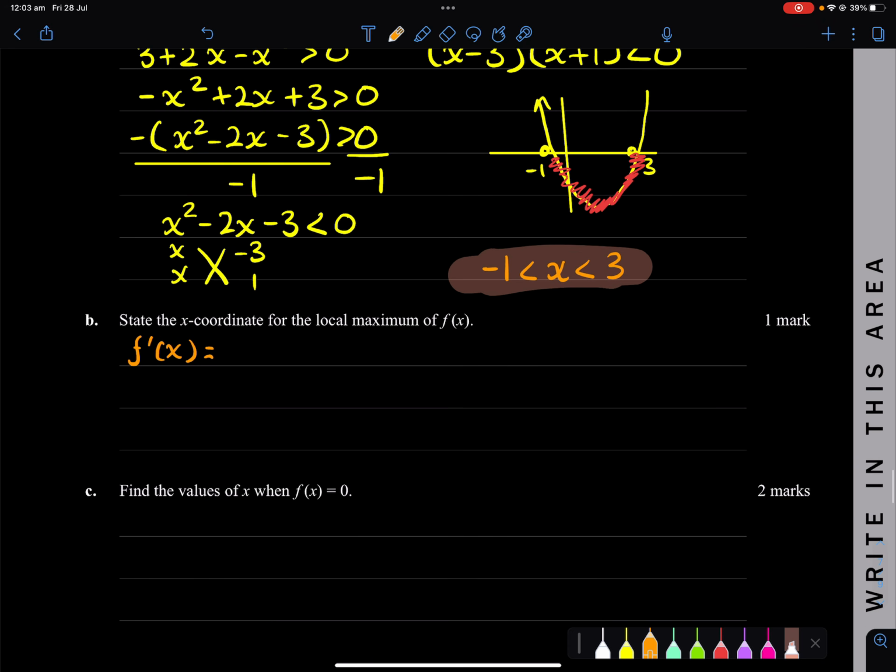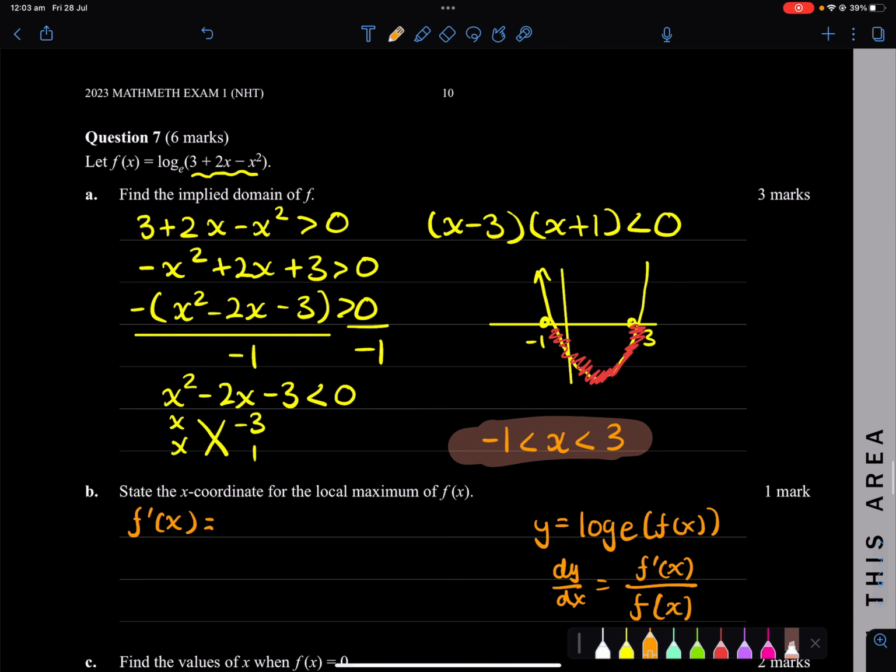Okay, we know that if we have a log e f of x, and we want to find the derivative, so the f of x is a function, and we want to find the derivative of this function, we say dy dx is f dash of x. So the inner function is, we find the derivative of it and we divide it by the actual inner function itself. So that's what we're going to do for this one.